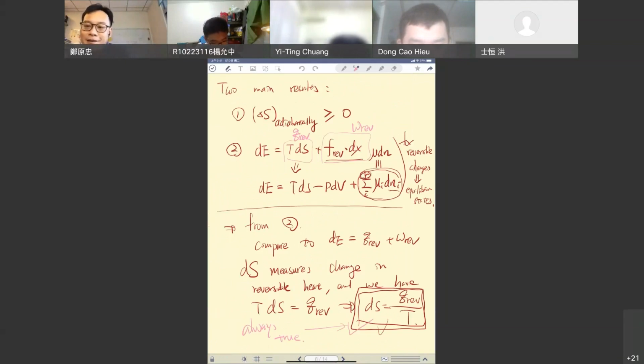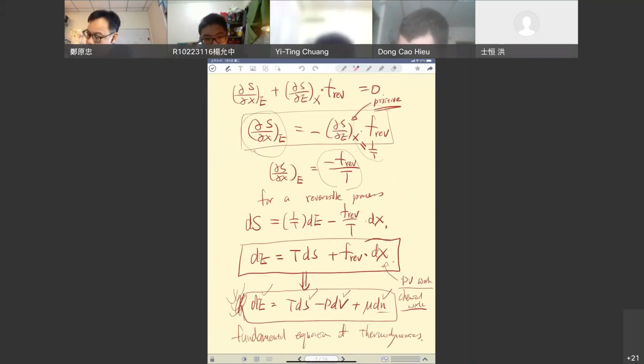Actually, I expect another question, and one might ask: we actually derived this equation under the condition that the process is adiabatic, right? There is no dQ.